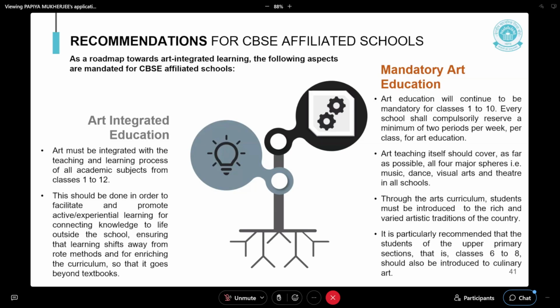This should be done to promote experiential learning, to connect classroom knowledge to the outside school world. This ensures that learning shifts from rote method to enriching curricular practices, and it goes beyond the boundaries of the textbook.